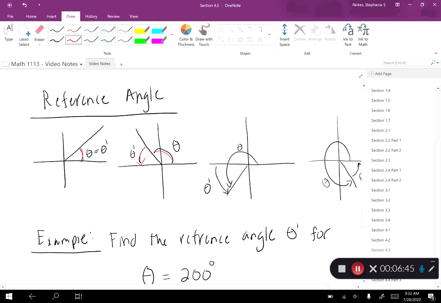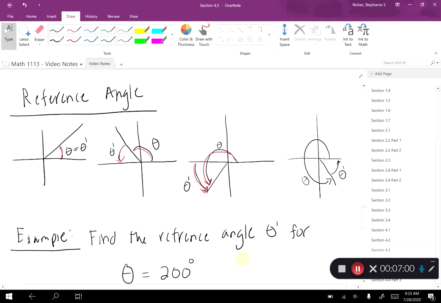If I'm in quadrant 3, then my reference angle is from the x-axis to that angle, theta prime. And if I'm in quadrant 4, the reference angle is the distance it takes to continue again until you hit that x-axis.